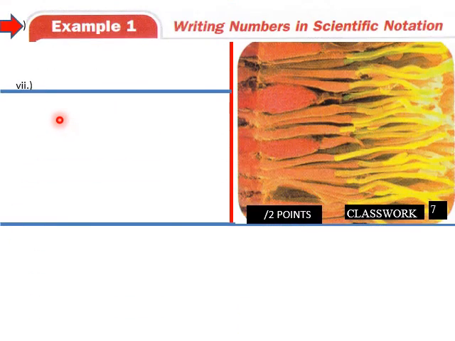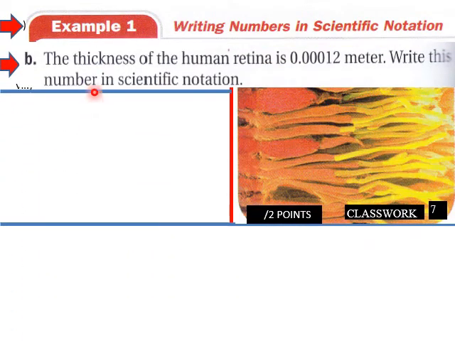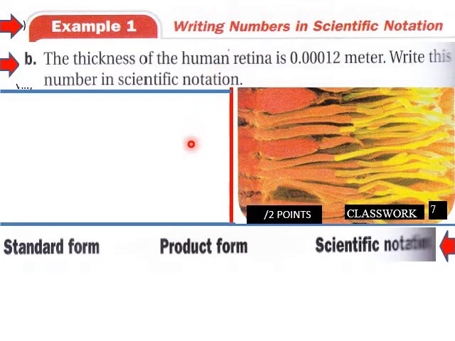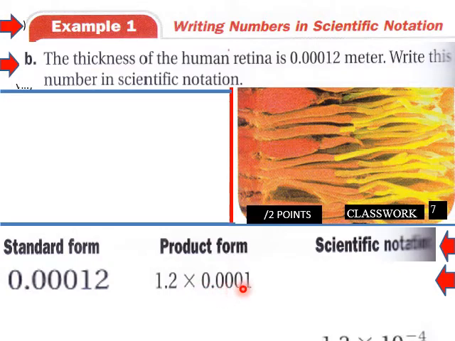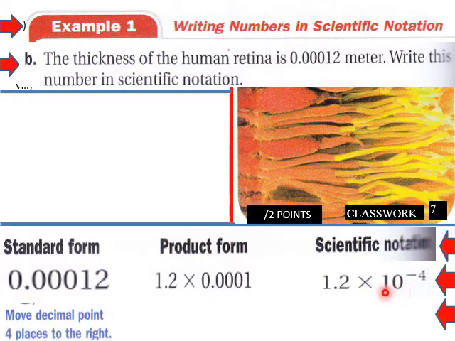Okay, back into our example 1, writing numbers in scientific notation. The thickness of the human retina is 0.00012 meter. Write this number in scientific notation. So our standard form's there. Our product form is here, 1.2 times 0.0001. Scientific notation, because we're moving 1, 2, 3, 4 digits to the right, would be 1.2 times 10 to the negative 4.